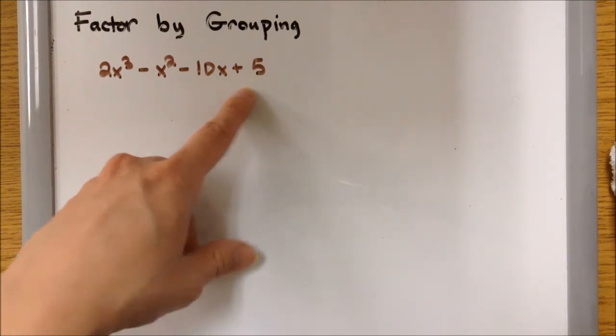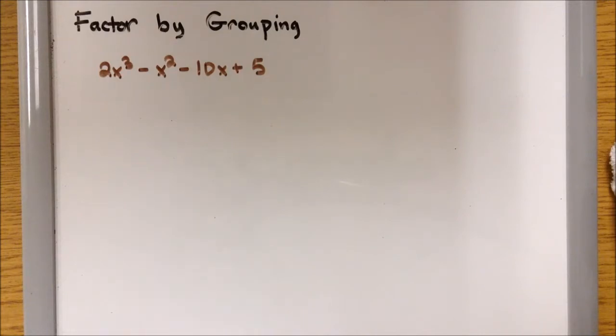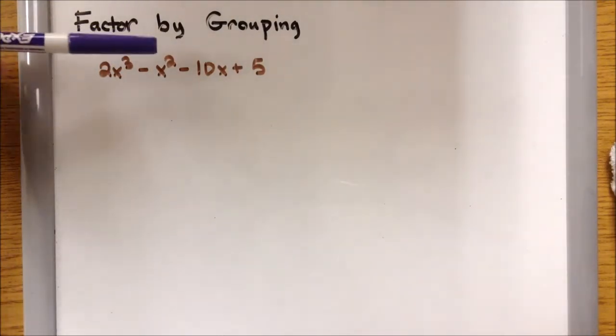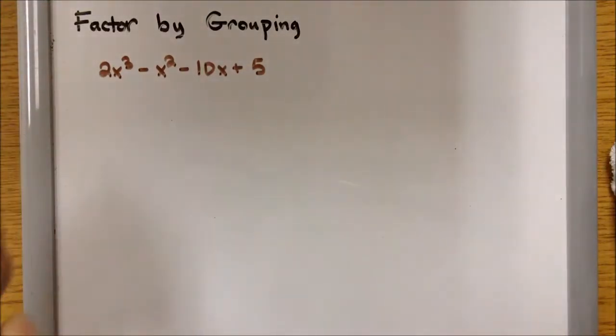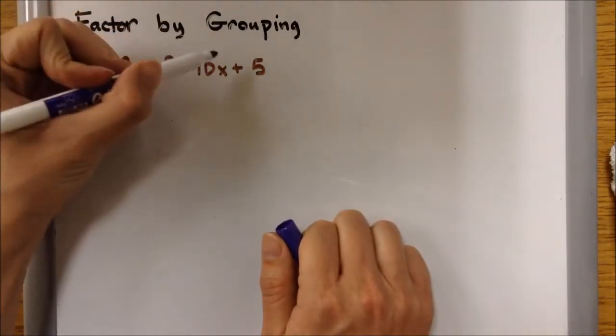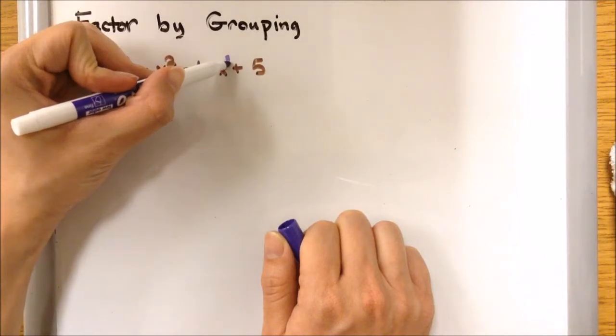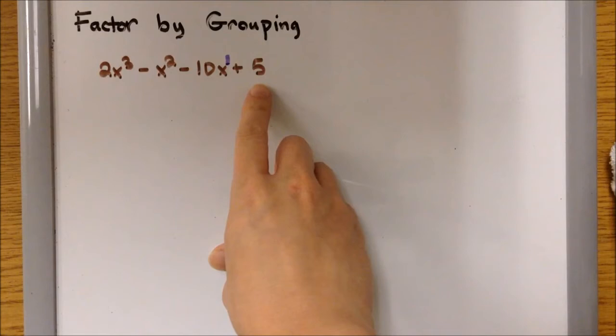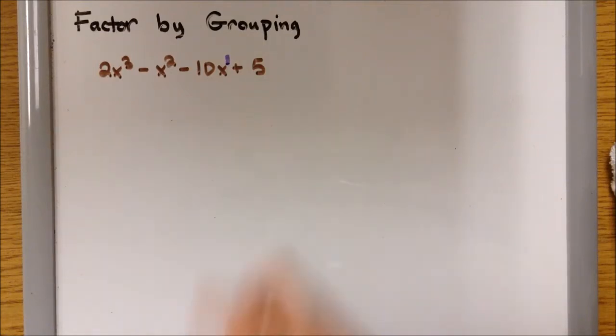So looking at this, these 4 terms are in order, starting with the highest exponent, counting down, 3, 2, 1. Now you can write it as an invisible 1 if it helps. So 3, 2, 1, and then a constant number. Sometimes I might say number, sometimes I might say constant. If you hear me saying constant, it just means a regular number.